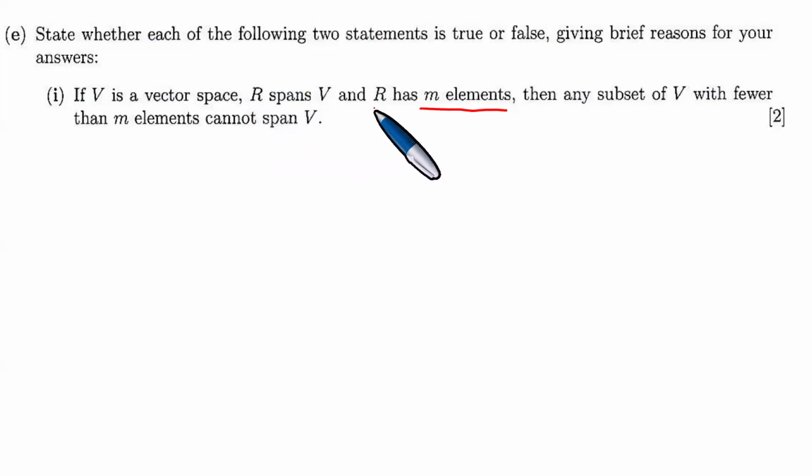And R has M elements. They're telling us that this R spans V, generates V, yet it has M elements. Then any subset of V with fewer than M elements cannot span V.